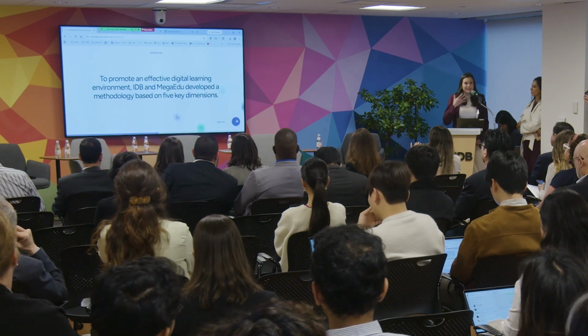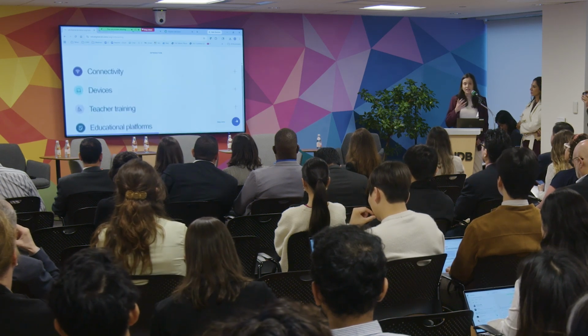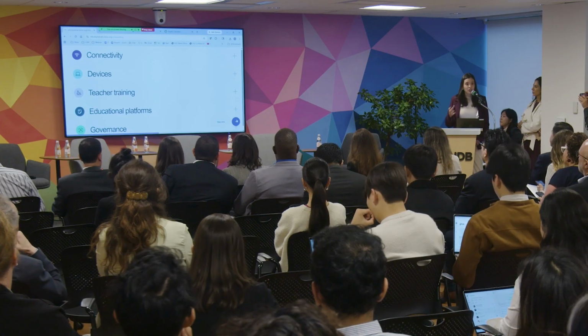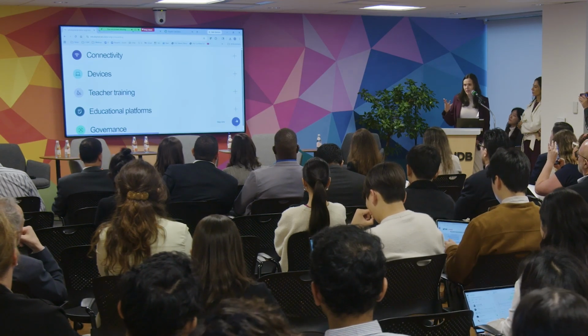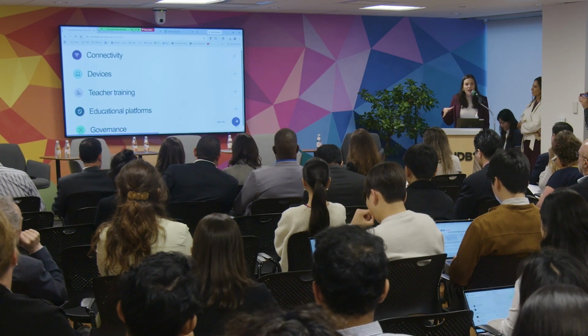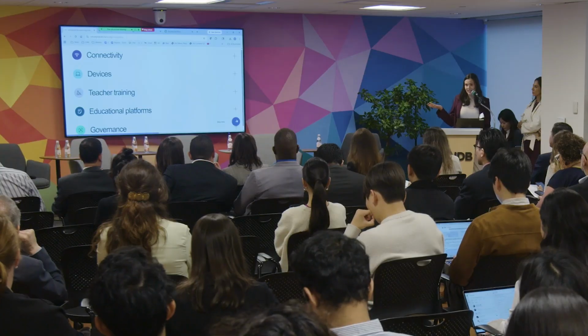And this digital transformation, for us, is these 5 dimensions. First of all, connectivity, to get internet, meaningful connection to the schools, but for every classroom, not just the administrative rooms, but for every classroom, for every student. The second one, devices.